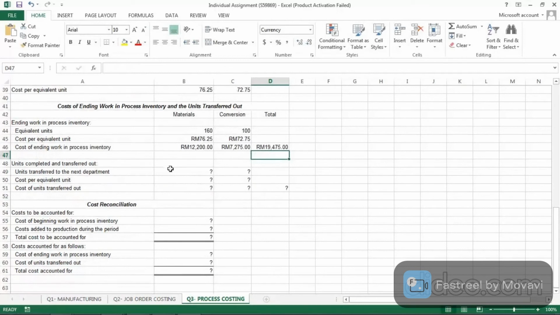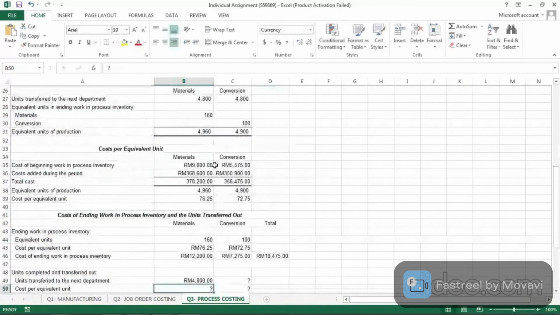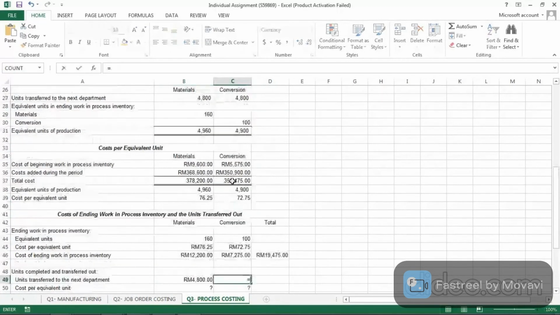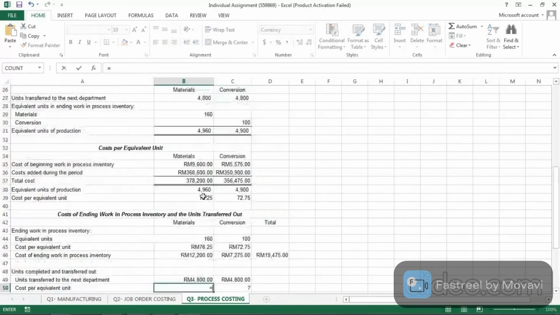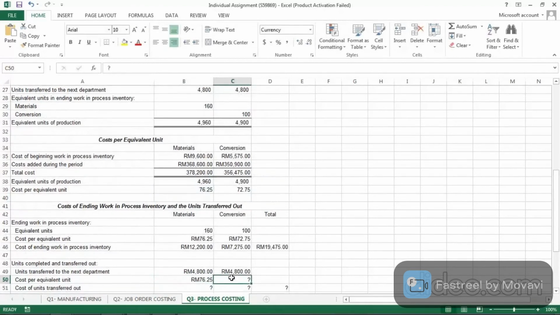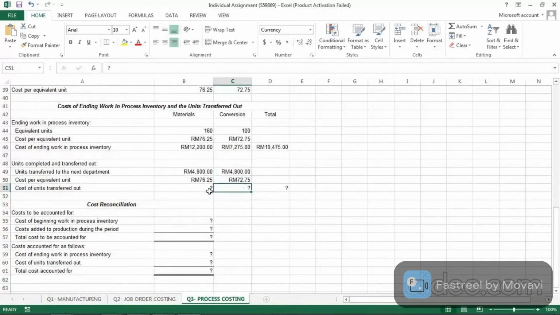For units completed and transferred out, units transferred to the next department, 4,800, cost per equivalent unit, and then to get the cost of units transferred out, using the same method that we calculate for the cost of any work in process inventory, we will get the cost of units transferred out.